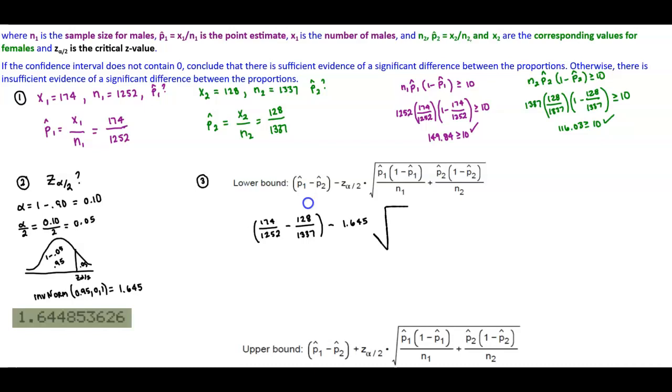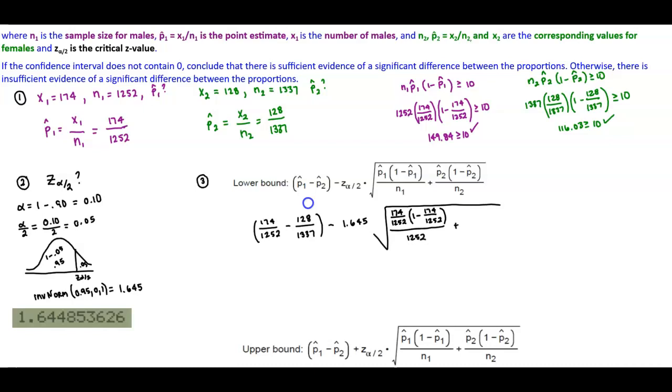And then we're going to multiply that by, again, the point estimate for 1, which is 174 over 1252 times 1 minus 174 over 1252, divided by N1, which is 1252.